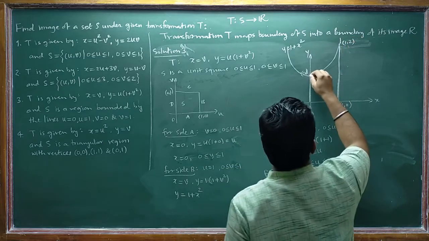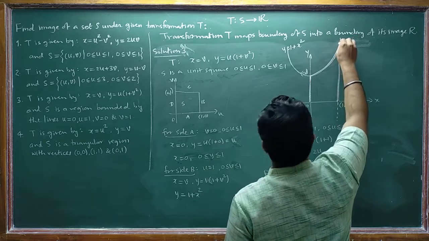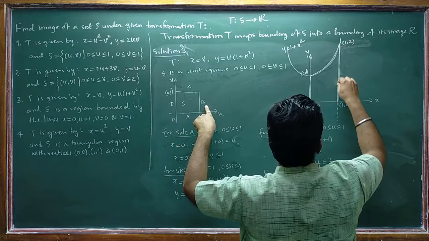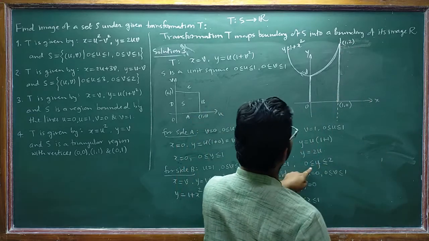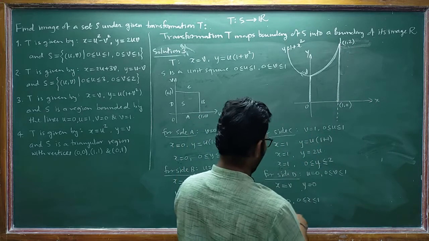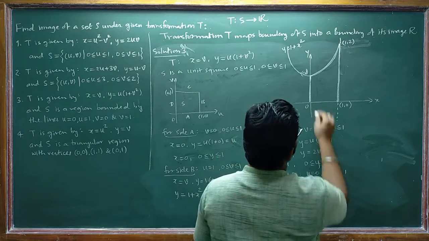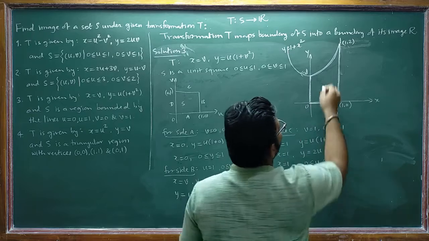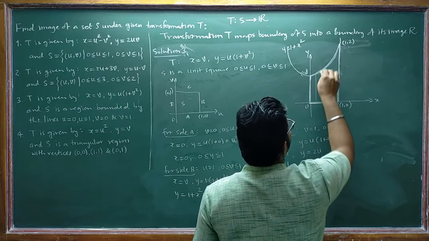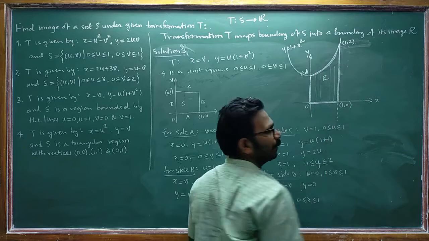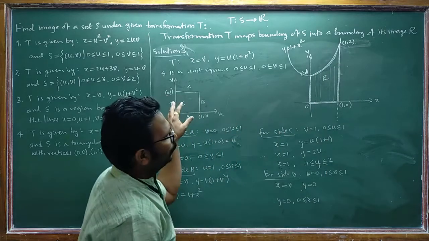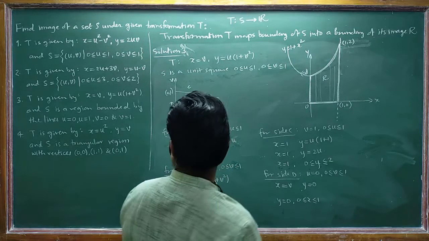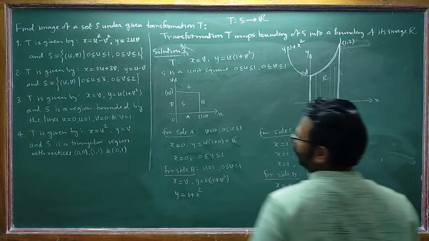Okay, so this is image of B, this is image of side C, which is x equal to 1, y varies from 0 to 2, and y equal to 0, x varies from 0 to 1. It is image of side D. Okay, so the region of integration is this, which is enclosed by the images of all the 4 sides in the xy plane. Okay, so the next one you can take it as an exercise for you.